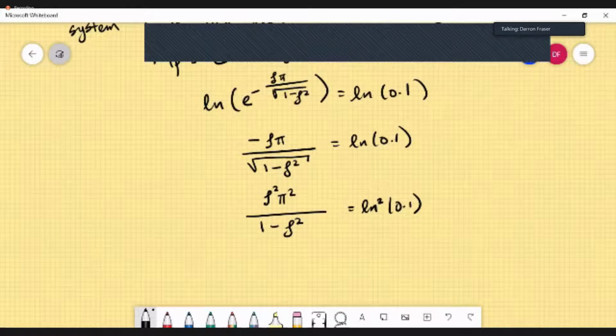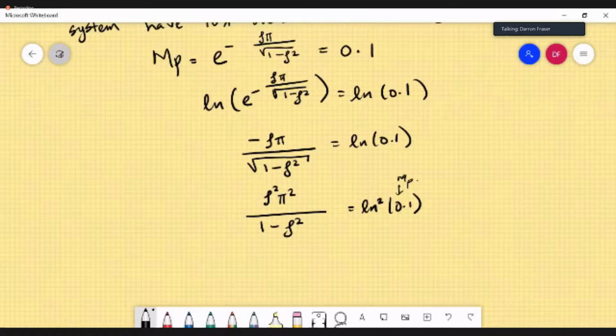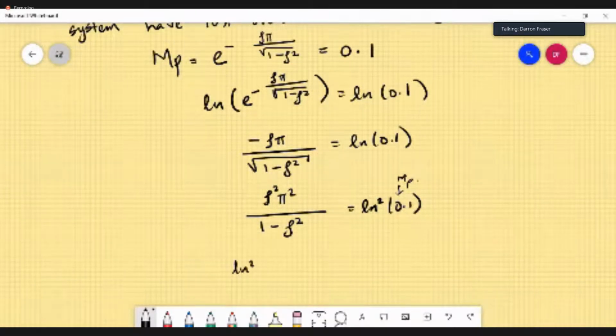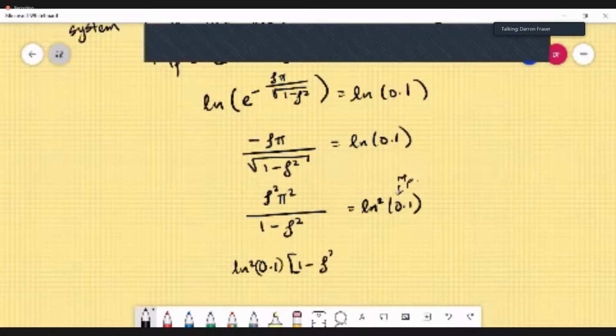And we're going to be using this so often. When we reach here, we're going to replace the 0.1 by whatever the peak is. So we cross multiply. So ln squared 0.1 times 1 minus the damping ratio squared is equal to the damping ratio squared pi squared.